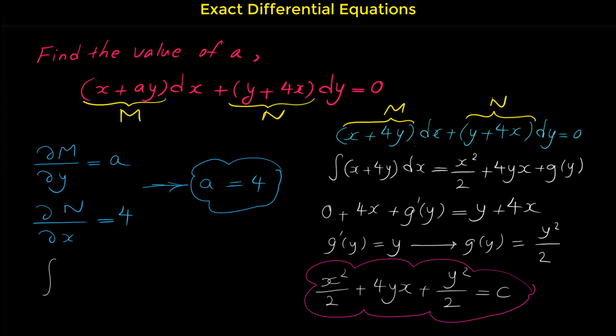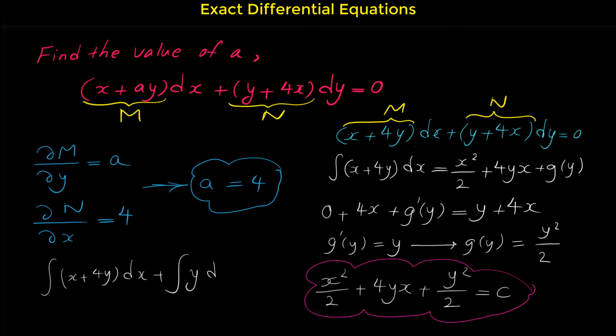Based on the shortcut method, we have to integrate m, which is x plus 4y dx, and from n, from this expression, we only integrate the terms here that are without x. So we only integrate y, and we ignore the other term 4x.